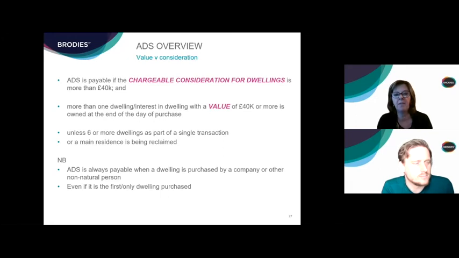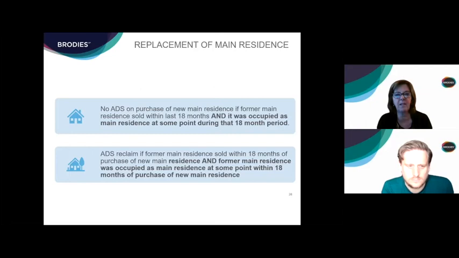So the replacement of main residence relief, on the next slide, we can see the broad outlines of it. If you buy a new main residence and you sold your former main residence within the last 18 months, and it was occupied as a main residence at some point during that 18-month period, then it will count for the replacement of main residence relief.